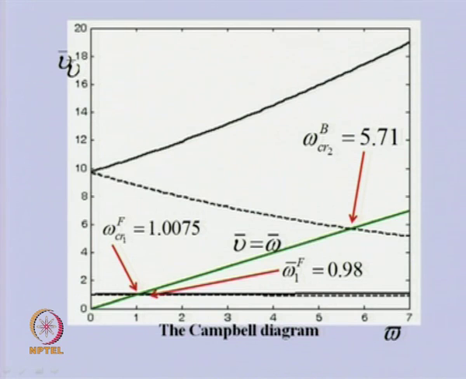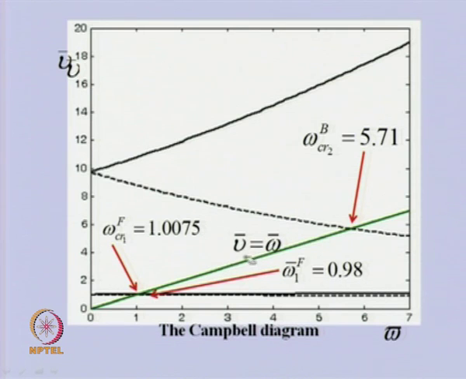You can see that we have these two lines, the splitting of the natural frequency is taking place, but the splitting is less for the first whirl. You can see this green line is nothing but the nu is equal to omega line, that is the critical speed line.